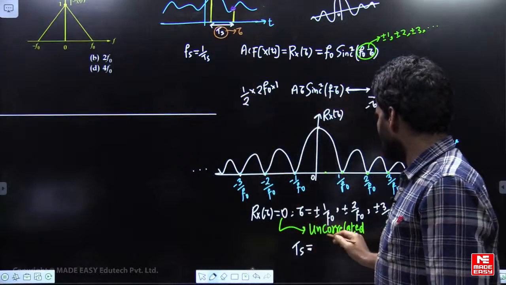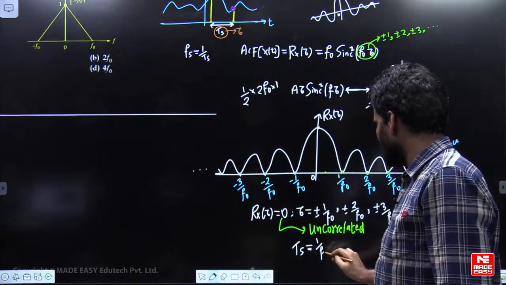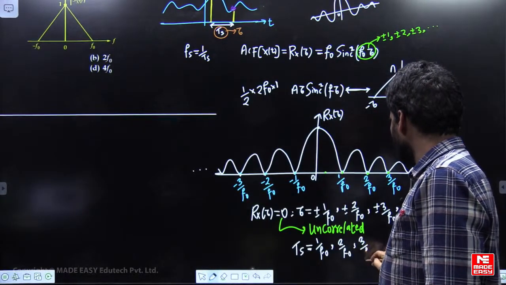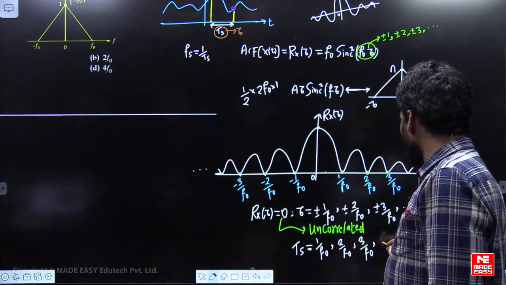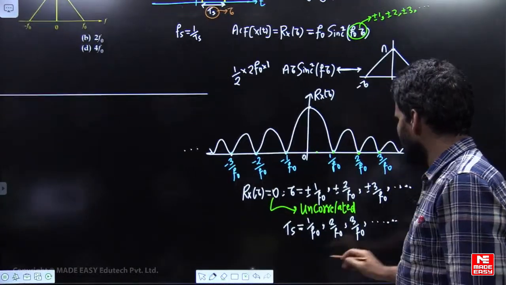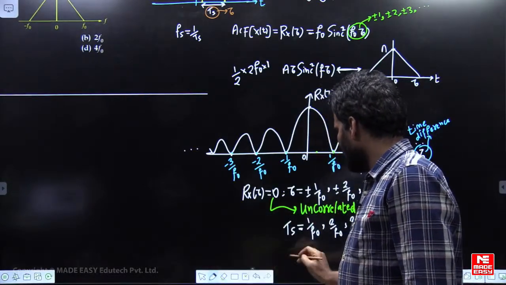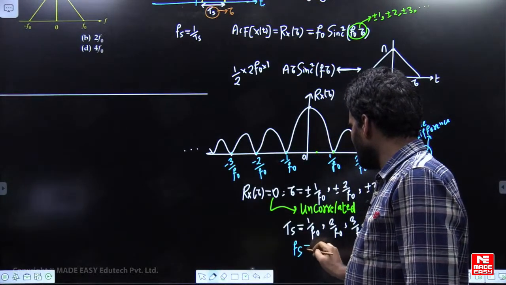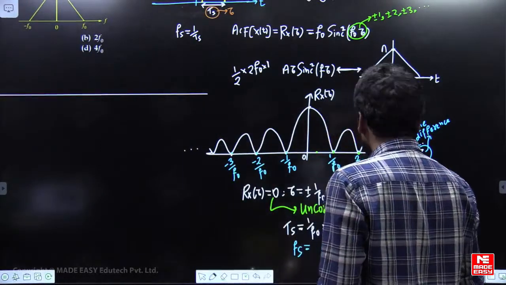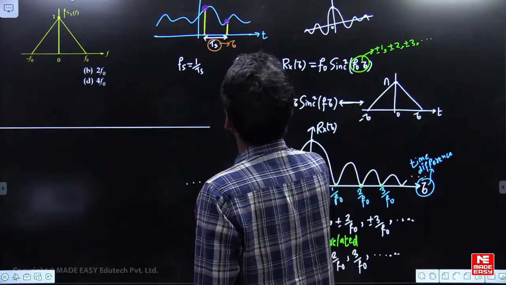So when Ts equals 1 by f naught, 2 by f naught, 3 by f naught, and 4 by f naught, the corresponding sample points are uncorrelated. And what is the corresponding sampling rate? If Ts is 1 upon f naught, if you sample this, it's something like this, sampling.